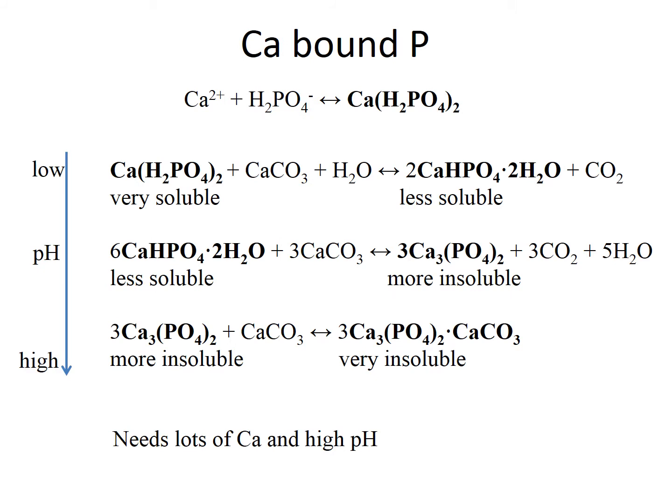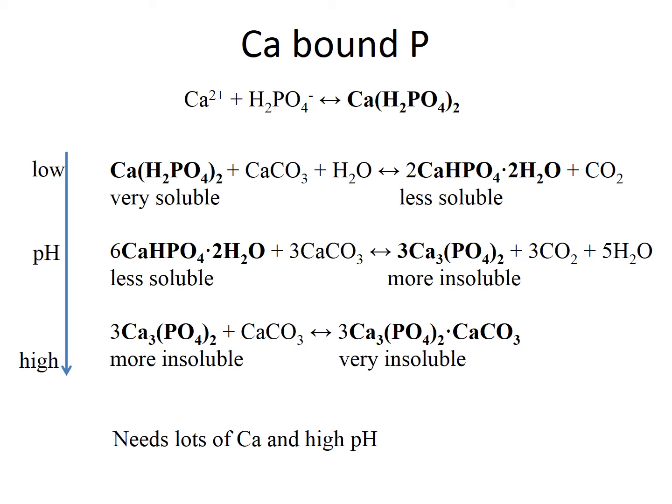As you go from the calcium phosphate to calcium hydrogen phosphate to calcium dihydrogen phosphate, it makes those minerals differently soluble. So at high pH you have more of this calcium phosphate forming, which is a more insoluble mineral than calcium dihydrogen phosphate.